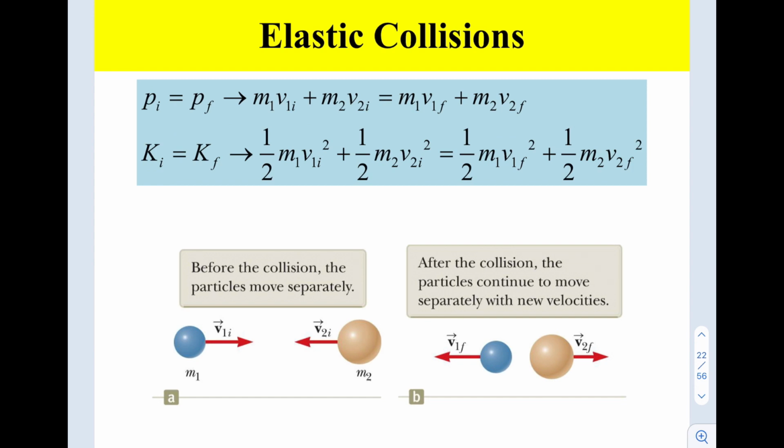Alright, we can visualize the situation of elastic collision like this. You have M1 and M2 having their own velocity, moving in opposite directions. After they collide, they are going to move with their own V. So for this case, momentum is conserved, and the kinetic energy is also conserved.